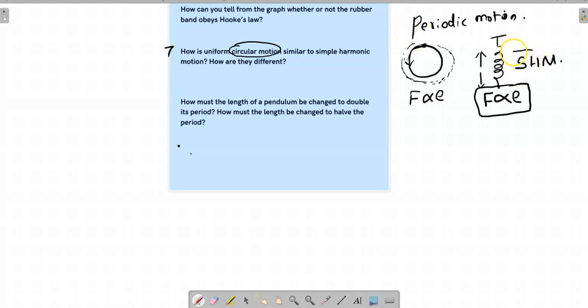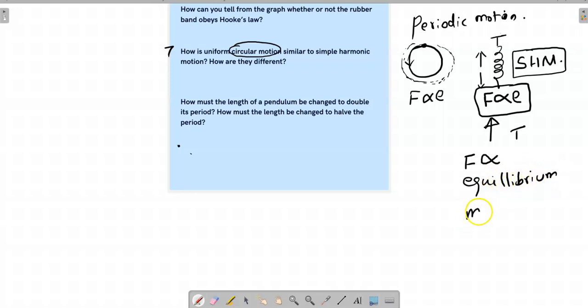But in simple harmonic motion, we have the time period, and one extra important point which makes a difference is that the restoring force is acting on an object and pulls the object back to the equilibrium position, or the mean position, or the rest position, and the restoring force is directly proportional to the extension.